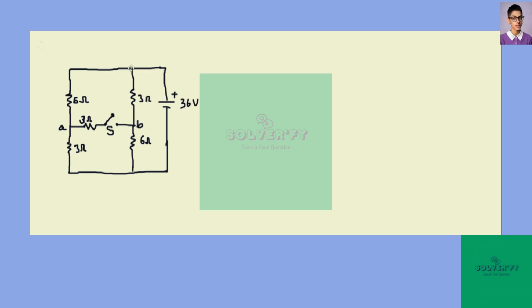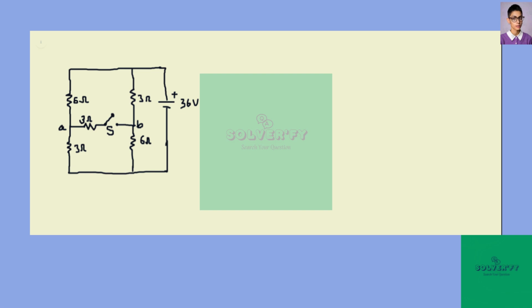So this point here, this point and this point will also have the same 36 volts of EMF, right? And in between here, the ratio of resistance is 1:2. So the ratio of voltage across these resistances should also be 1:2.